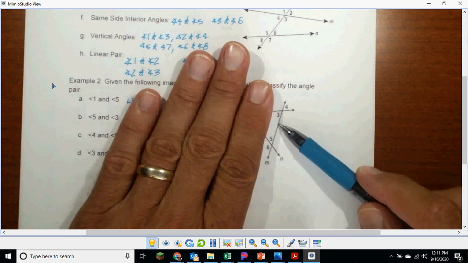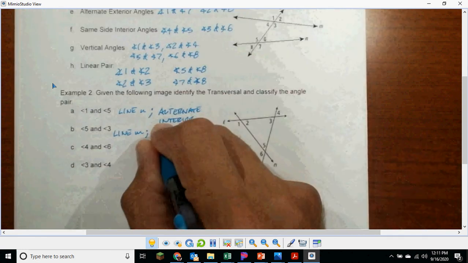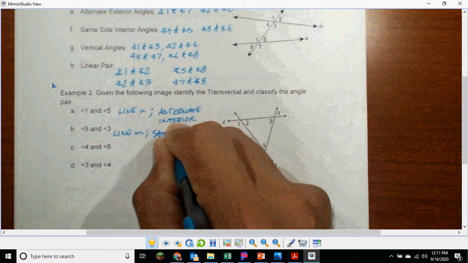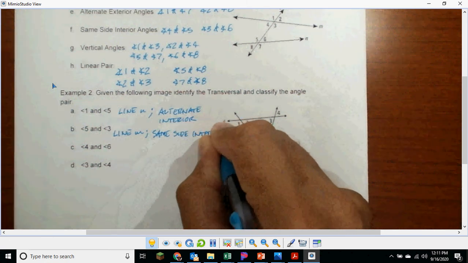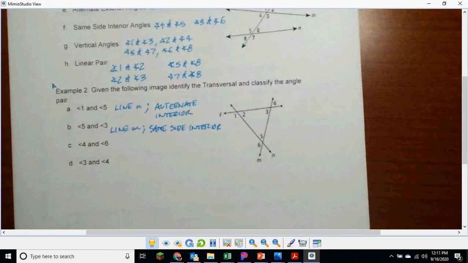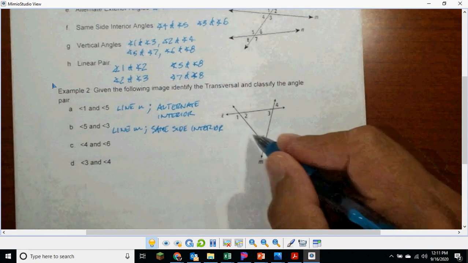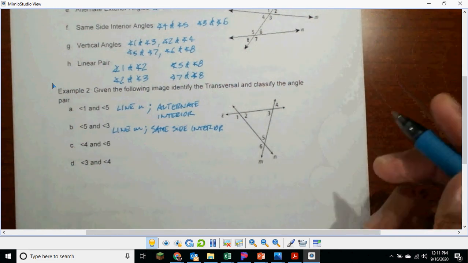So this is a same side interior. Occasionally, you might see same side interior or same side exterior referred to as consecutive interior. Consecutive means they're right in a row. We like to use same side, but consecutive means the same thing.